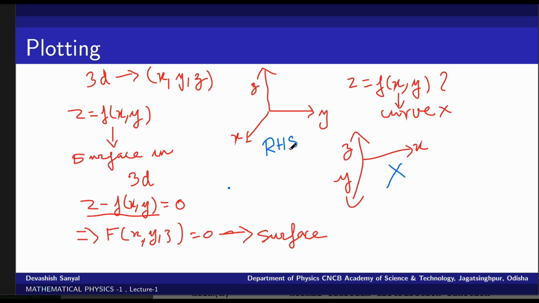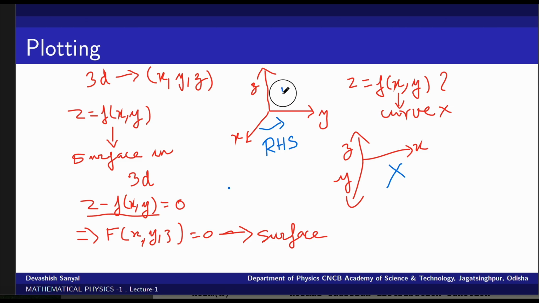This is the convention. We always use the right-handed system. What is the significance of the right-handed system? If you rotate from x to y, imagine you have a screw. You are rotating a screw from x to y. In what direction will the screw advance?